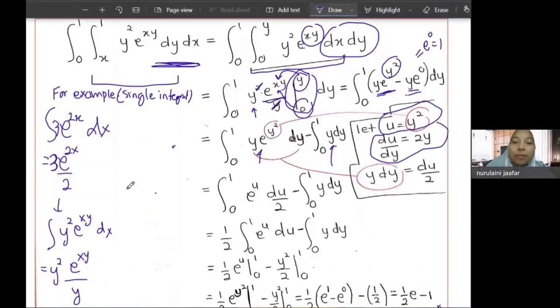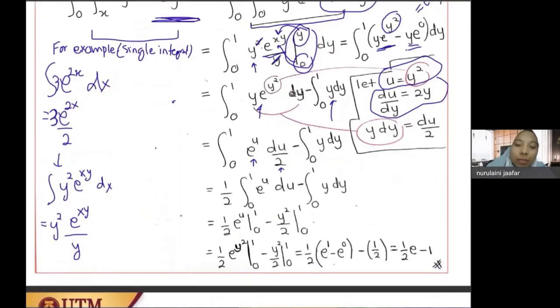And then you substitute everything, you will get e power of u du over 2. And then integrate as usual, you will get e power of u, with 1 over 2 outside. Okay, but we have to be careful. This is y equal to 1, y equal to 0. Later we will change again.